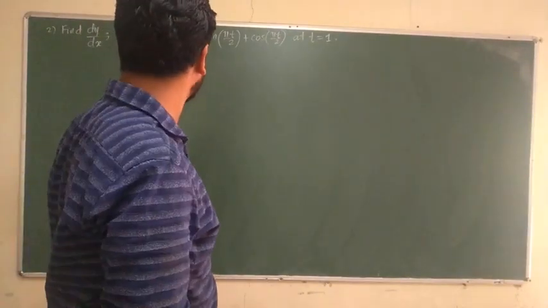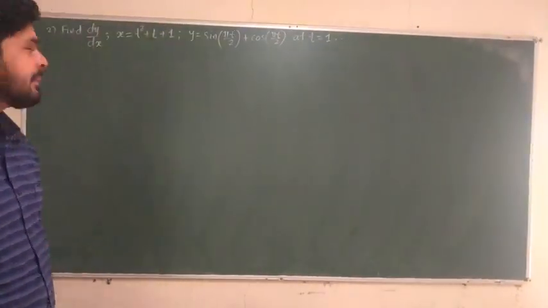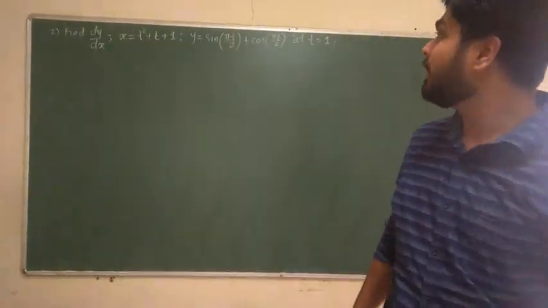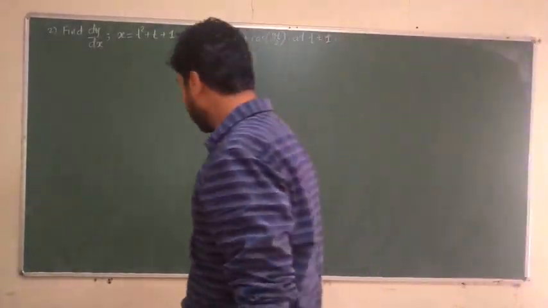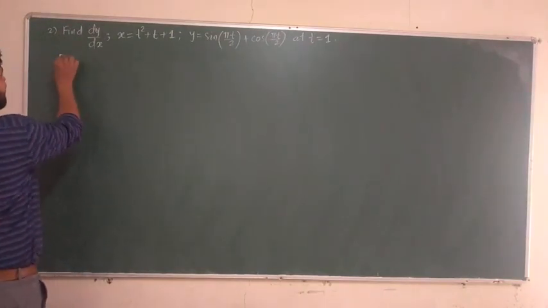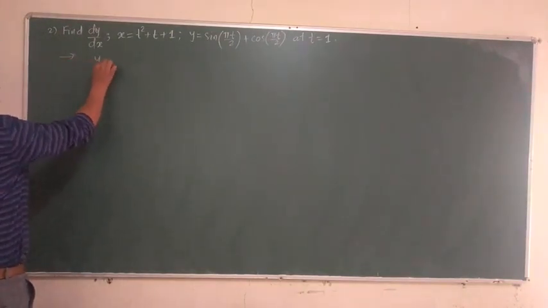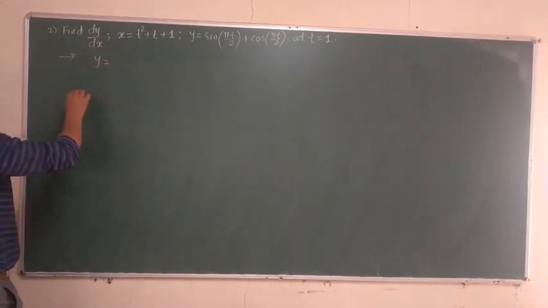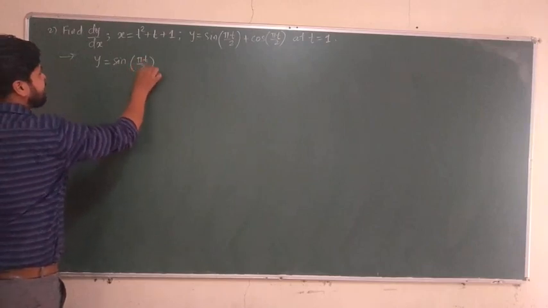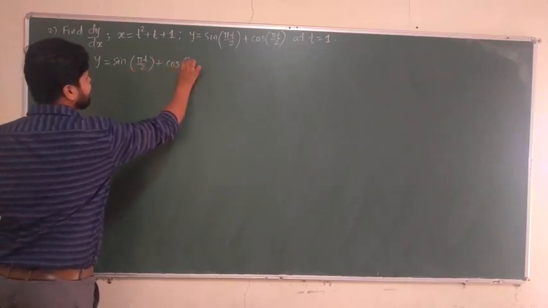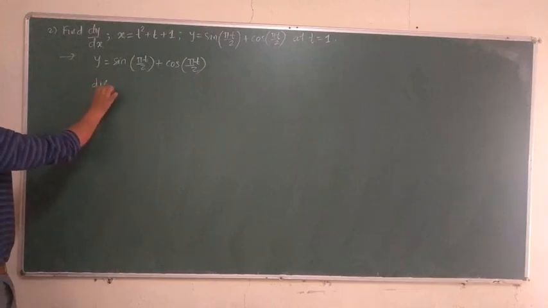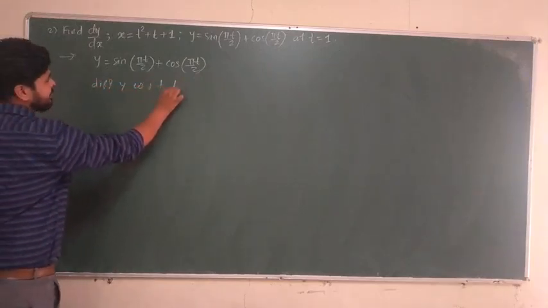Now the second example. The question is again the same: find dy by dx where x is t square plus t plus 1 and y is sin pi t upon 2 plus cos pi t upon 2, at t equal to 1. So first we find the derivative of y with respect to t. So what is y? It is sin pi t by 2 plus cos pi t upon 2. We differentiate y with respect to t.